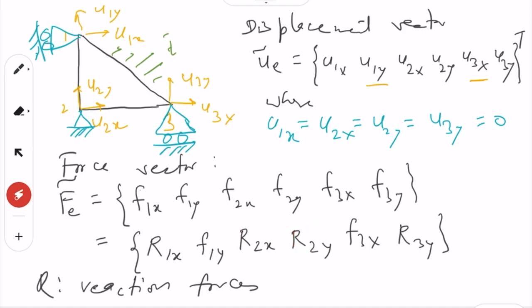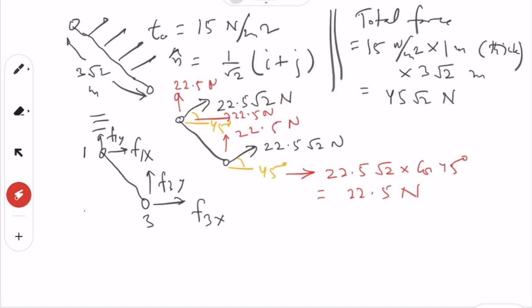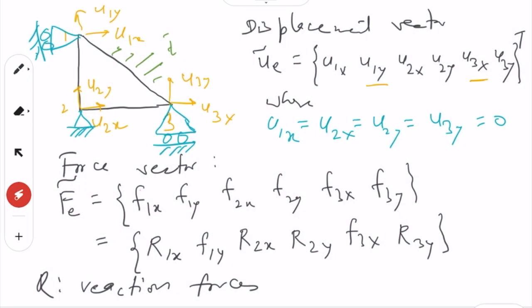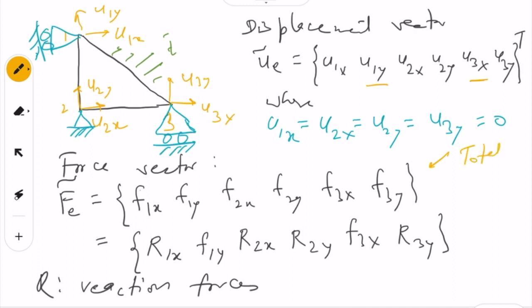And these are coming from the traction one. So, I think we have to write like this is the total one. So, let us write this is total forces. And this one, let us write, will be reaction.